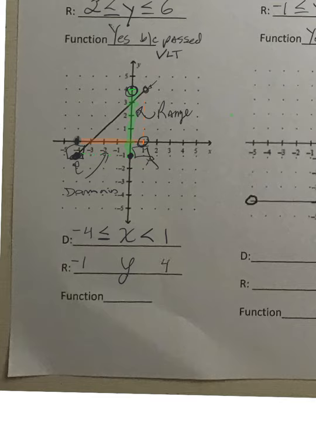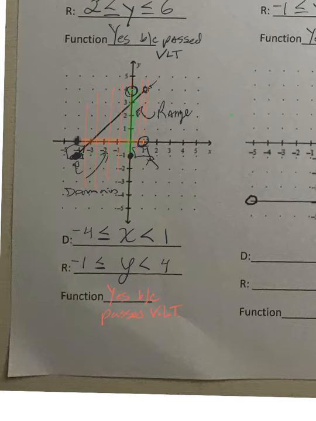And the -1 is the one that has the closed circle, and the 4 is the one that has the open circle. And then if you were to drop a vertical line, would it ever hit more than one time? Nope. So it is a function because it passes the vertical line test.